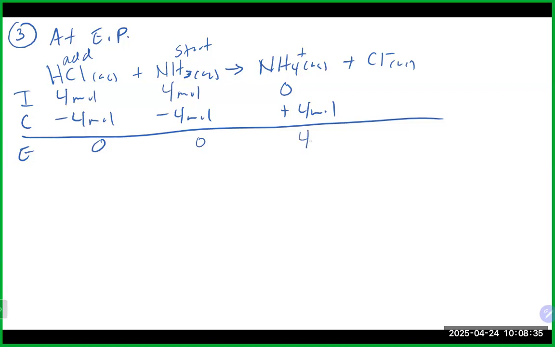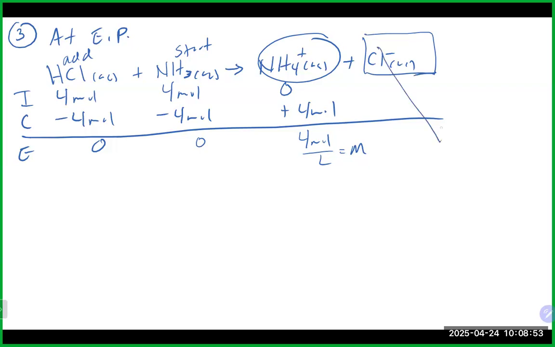Here we have 4 moles. Once again, we will convert this using our total volume back into molarity. And at this point, if you're not sure what's going on, you can see what we've got left. We obviously have some NH4 plus left. Technically speaking, we do have chloride left. And again, because that comes from a strong acid, we're not going to worry too much about it.